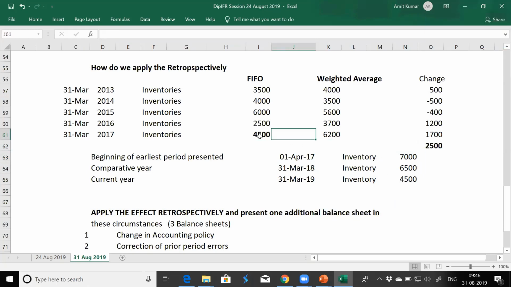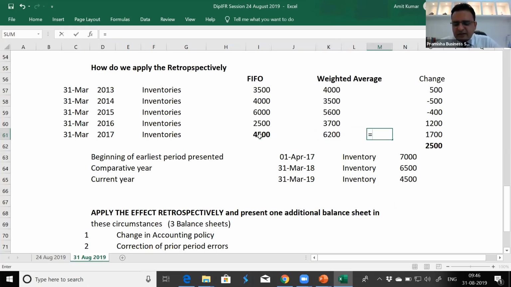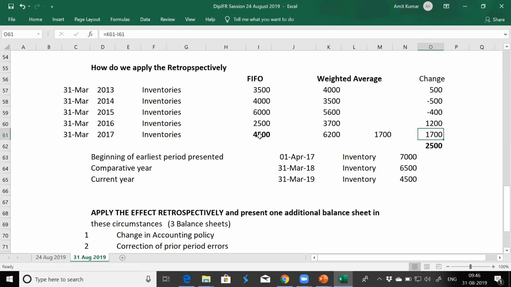Sir, but for 1st April 2017, we have to take weighted average value, na? Yes, 1 second. Since I've taken some imaginary figures, this difference should be same. No, sir. I'm talking about the 400 and 1200 difference, sir. Which one?